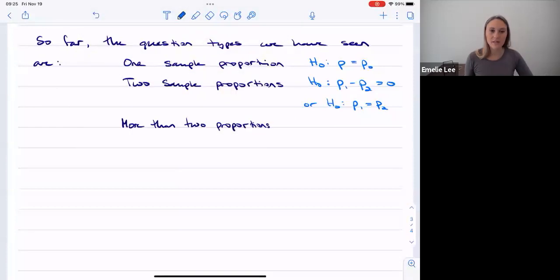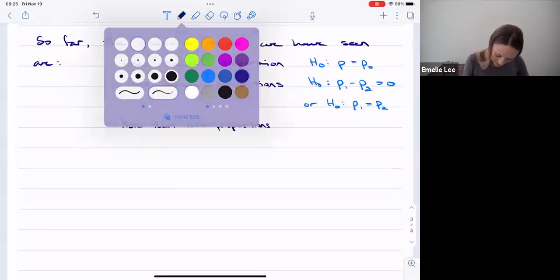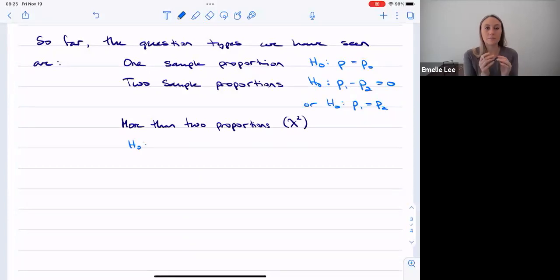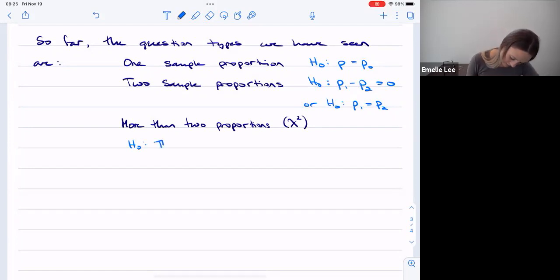The null hypothesis became a little bit weird, but that's when you do a chi-squared. The null hypothesis is that the data follows the hypothesized distribution.